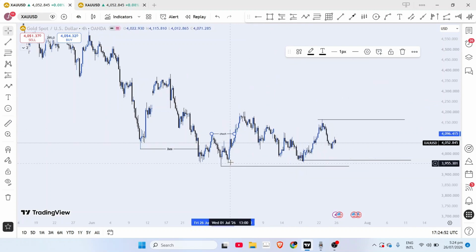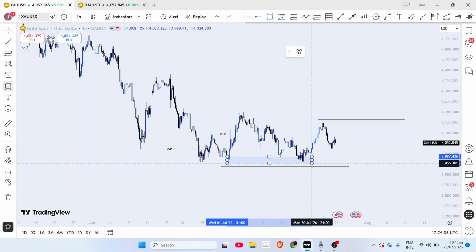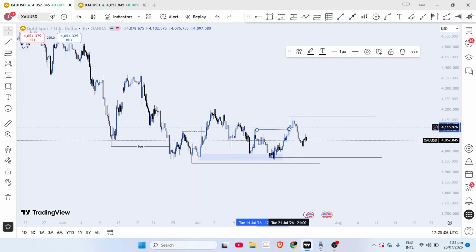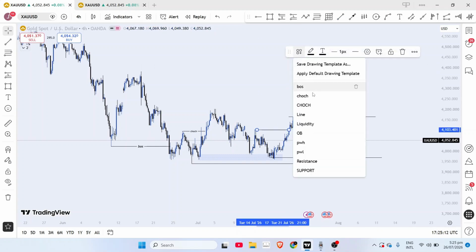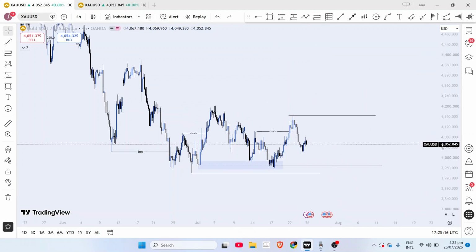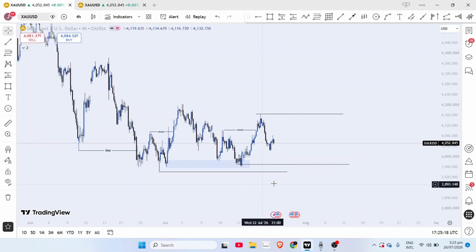So after taking this high, we see price reacting from here, and price would give this change of character also right here. So I think buyers are showing intent that they want to keep buying. So this could be the start of a reversal.